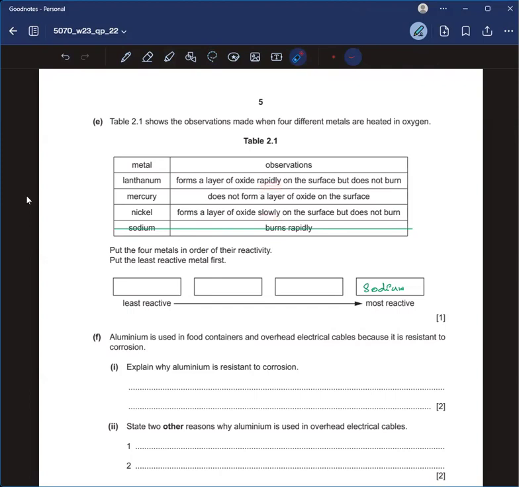So lanthanum would be before sodium. And I'll put nickel here. And last would be mercury remaining. I would write mercury here.